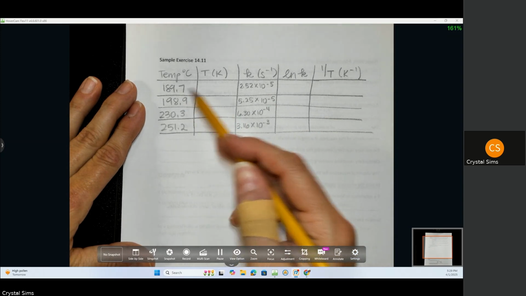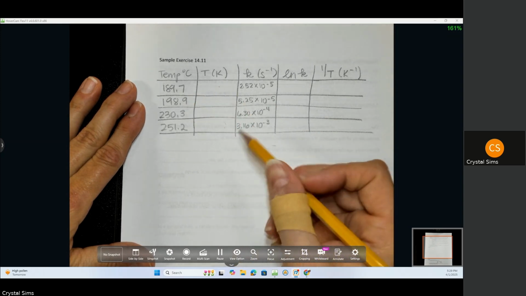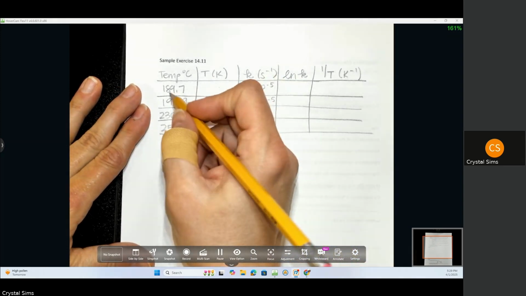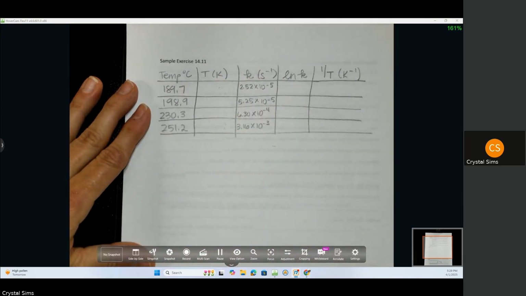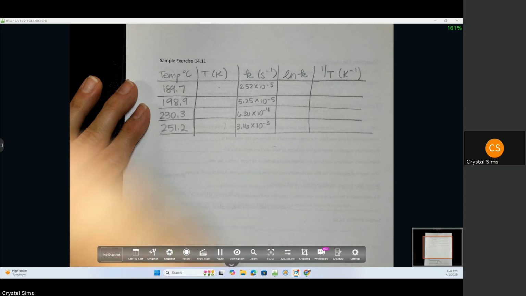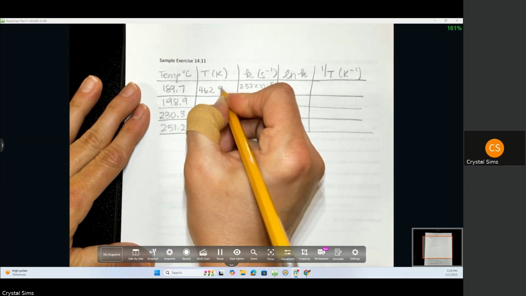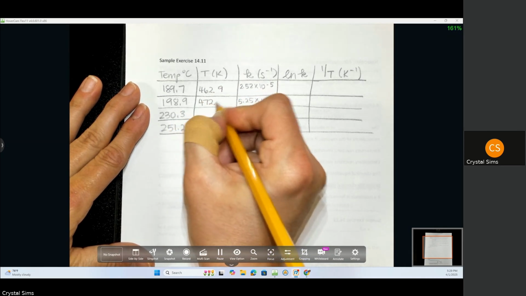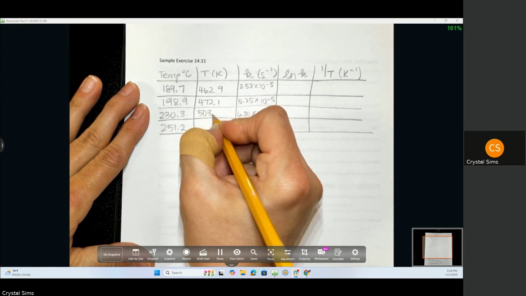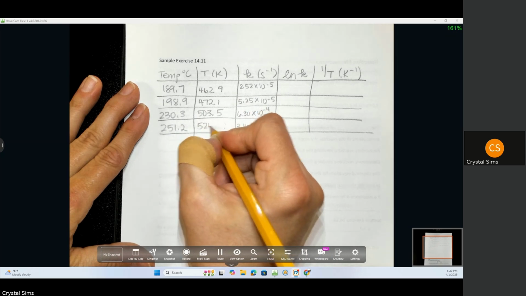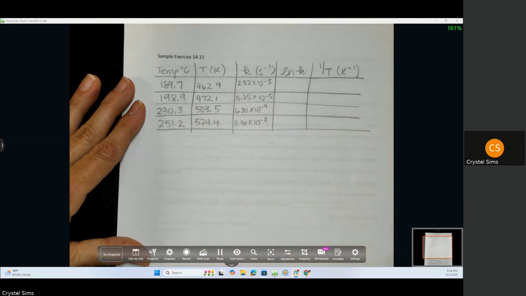So the first thing we need to do is get our temperature in Kelvin. Again, I'm going to take this and add 273.15 to each of these and still keep 4 sig figs. So here's what we're going to have. There's our temperature in Kelvin.